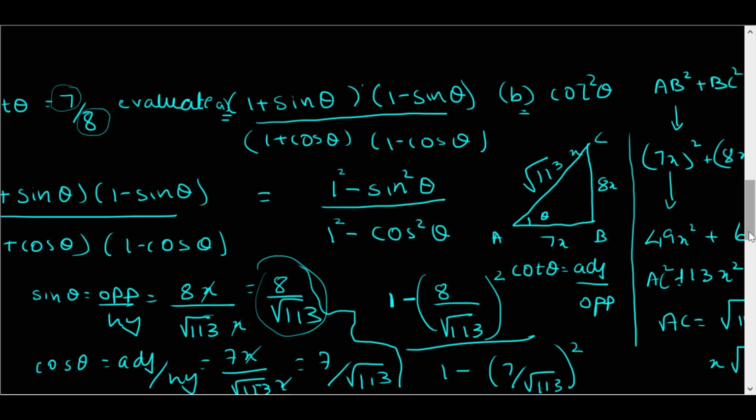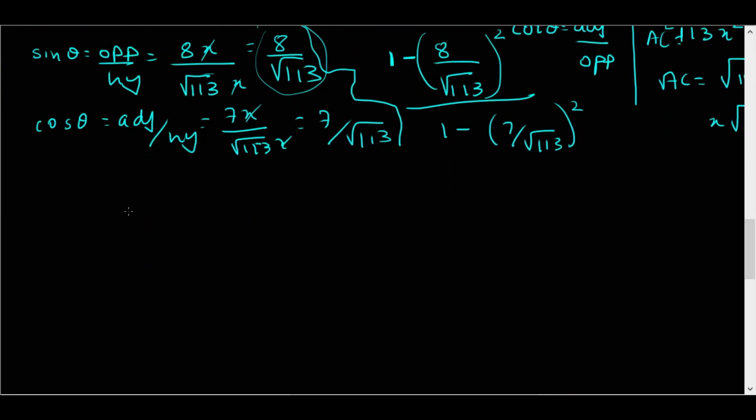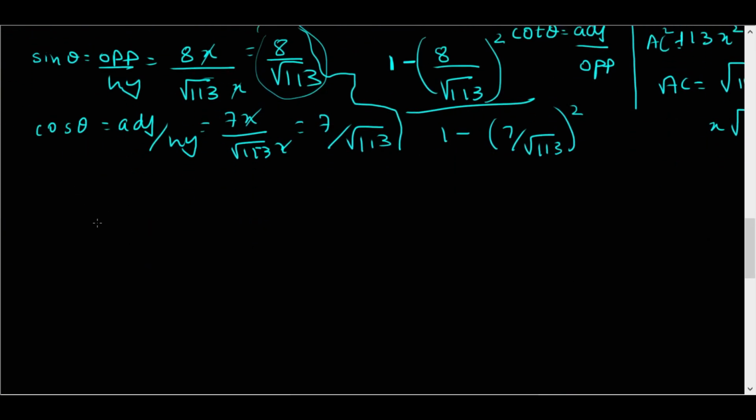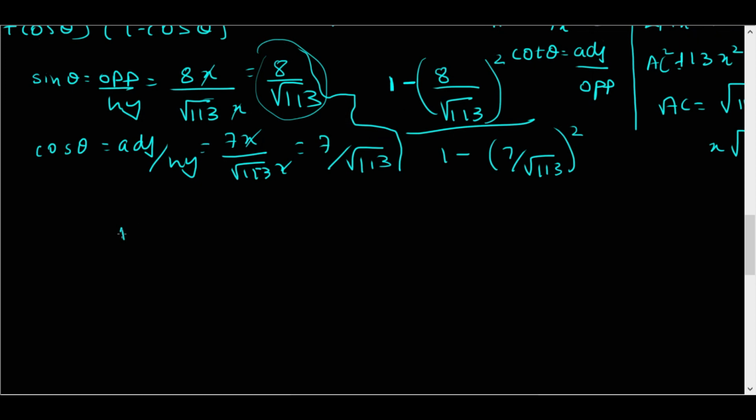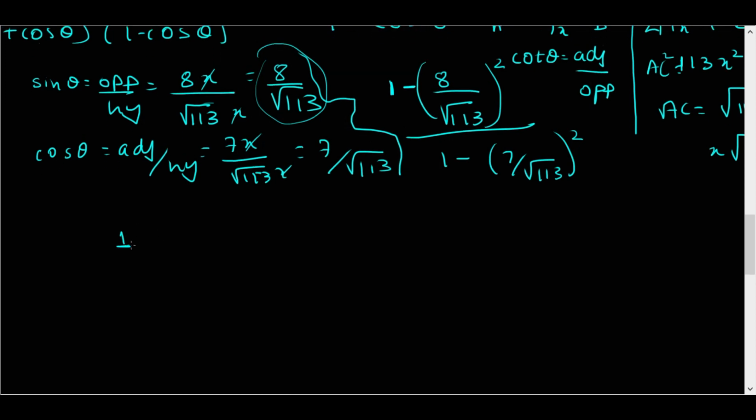Okay. So this would be 1 minus 8 square, which is 64, root 113 whole square is 113, by 1 minus 7 square, which is 49, over 113. Now I'll take the LCM in the numerator.